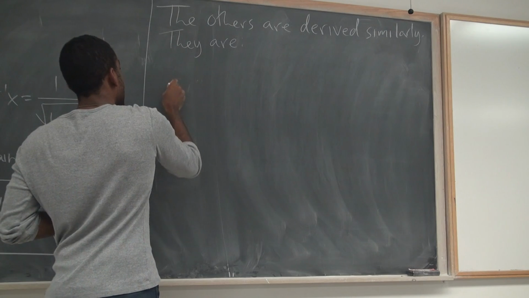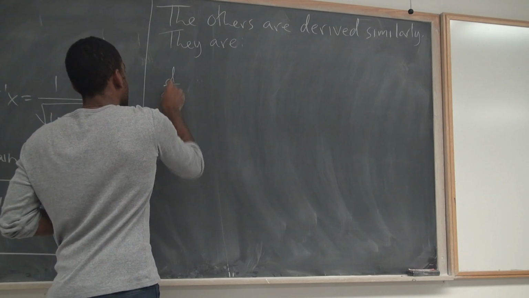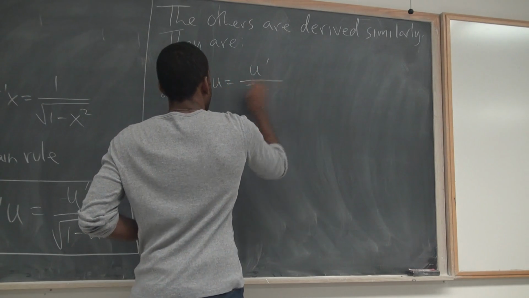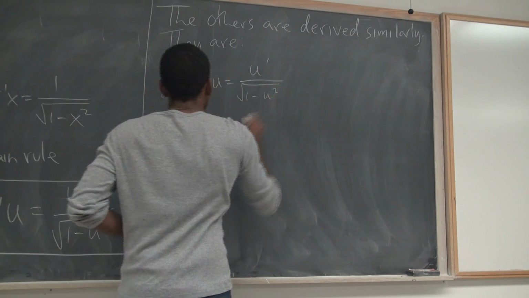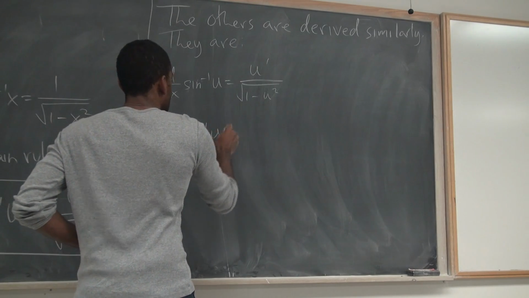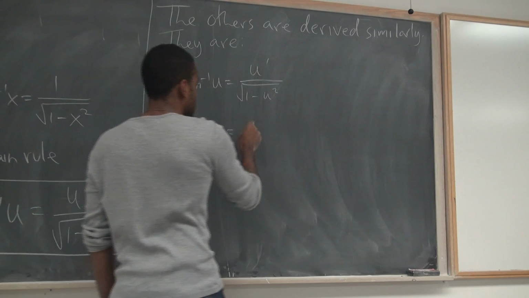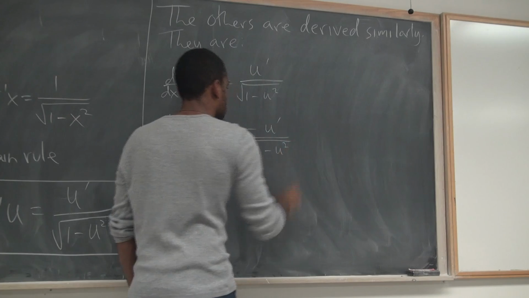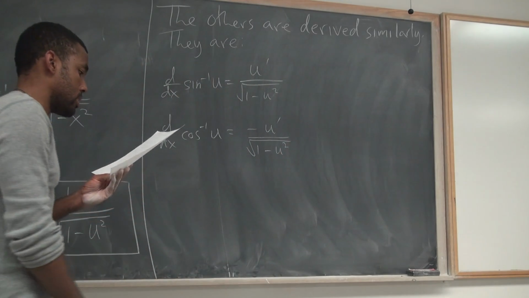So there are a bunch of rules that we need to know. The derivative of sine inverse of u is u prime over the radical of 1 minus u squared. The derivative of cosine inverse of u turns out it's not that different from sine inverse, it's actually just the negative. So sort of weird, but that's how it worked out.